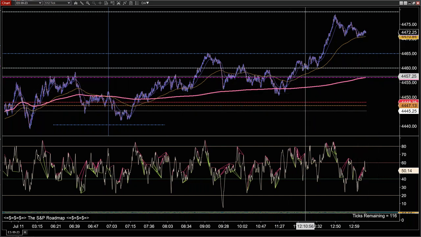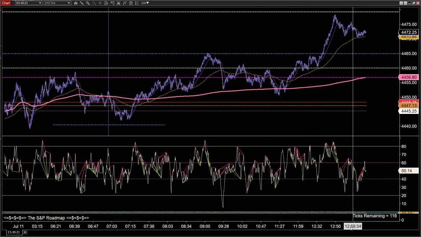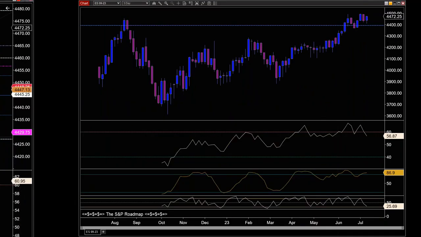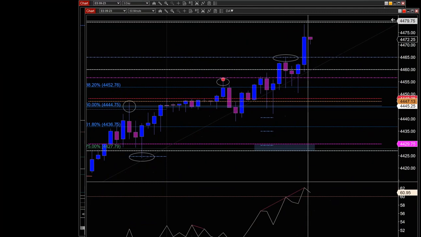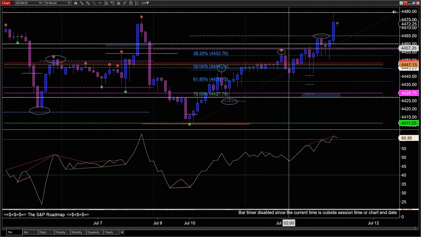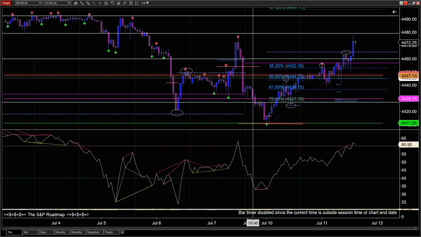So to put it all together and maybe wrap this up now, we're looking for major retracement levels in the market. And I'll go back to my hourly chart here. We're looking for major retracement levels. That includes the stuff we were talking about at the beginning of this section of my presentation.